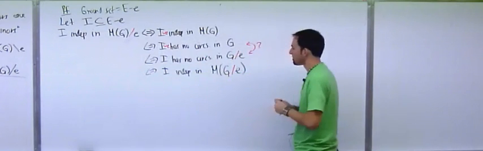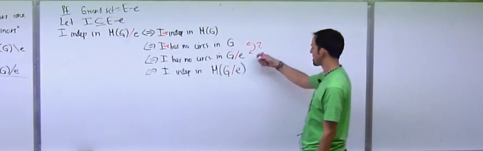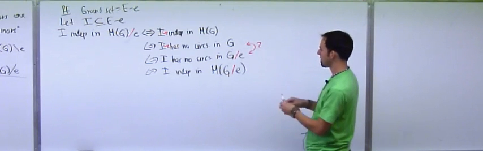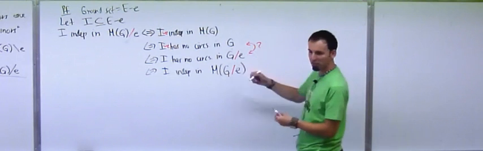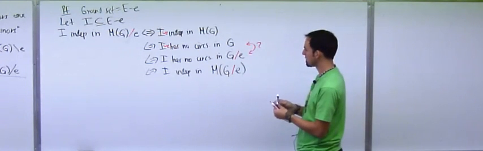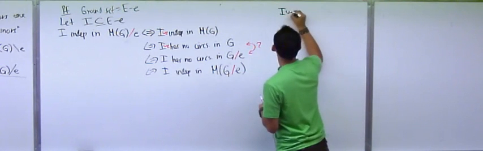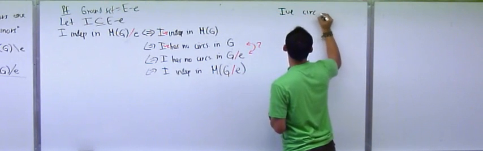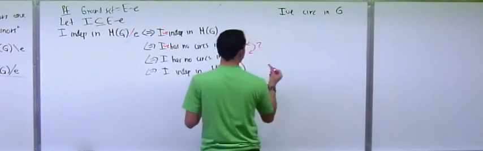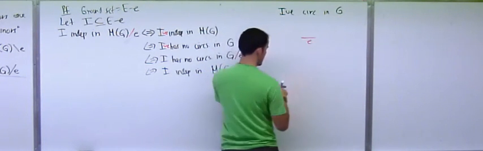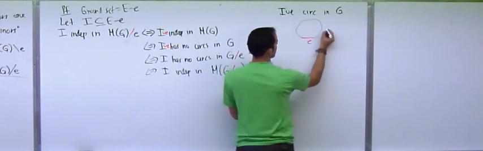Well, do you see why this is true? The idea is this: I union E has a circuit in G if and only if it looks like this. E, then I have a circuit, and then I have other things.